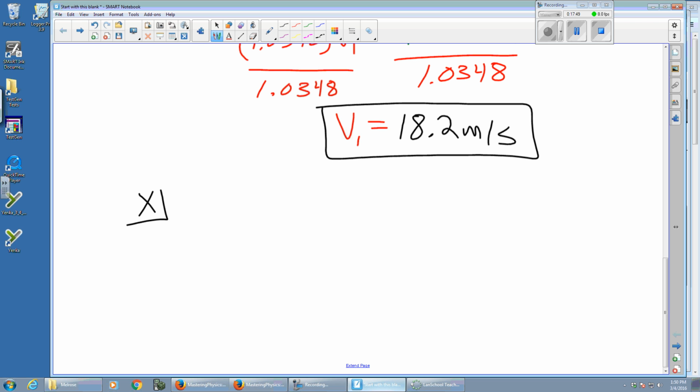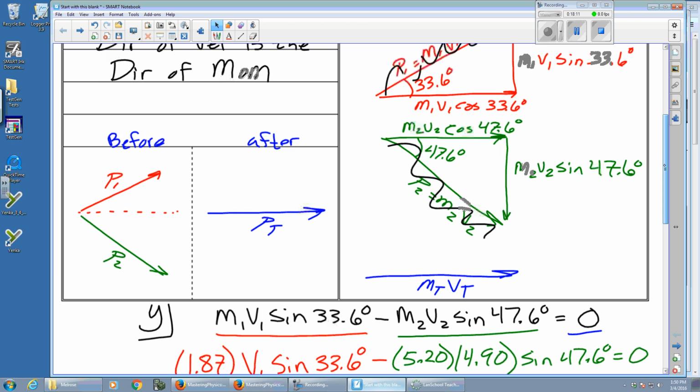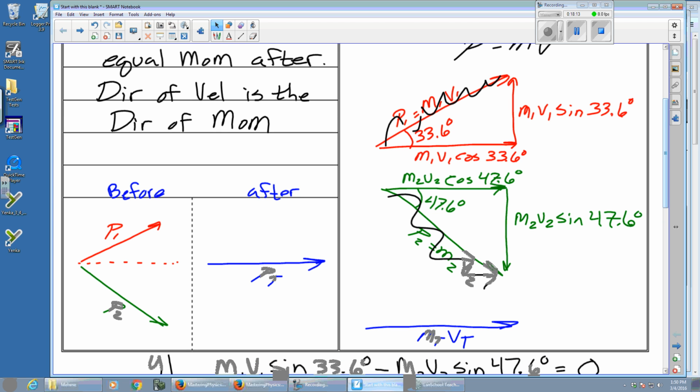Red, so M1V1 cosine 33.6 degrees plus, because this time they're heading in the same direction. So remember, this is one of the crucial things about trying to draw these vector diagrams as accurately as possible.